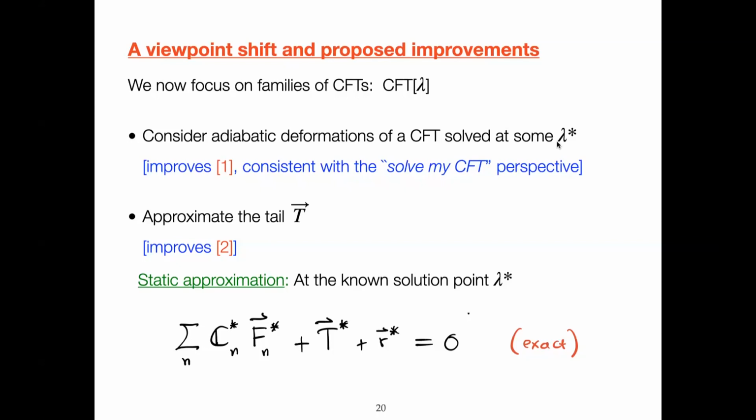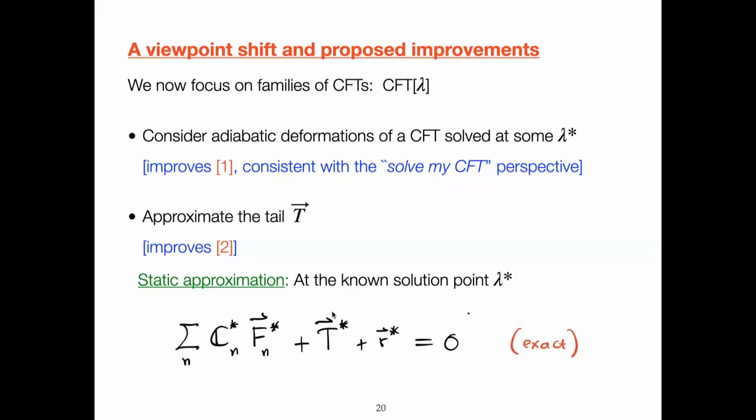The second step I want to take is not to drop the tail, but approximate it, and that will improve problem two. So the first thing you can do is what we call a static approximation. You go to the known solution point, lambda star, and there you assume that you have explicitly solved the theory, so you know basically all the infinite operators, the CFT data that appear in the tail, so you can compute the tail. Now, the nice thing is that you don't have to sum an infinite number of CFT data.